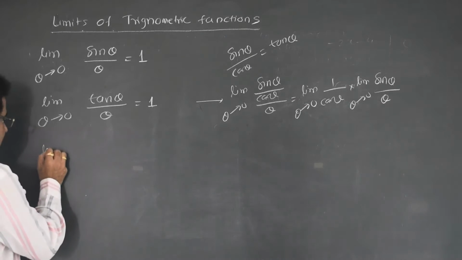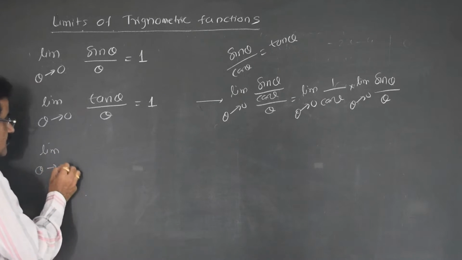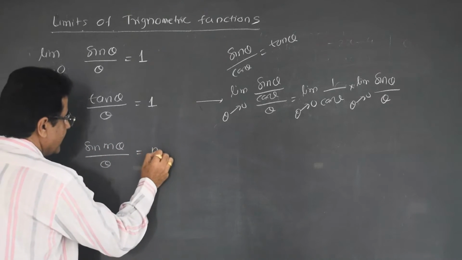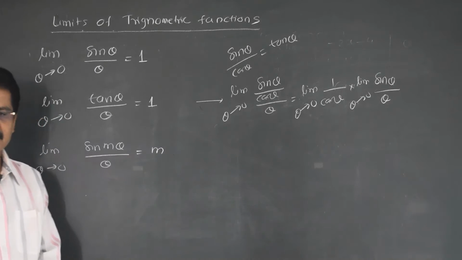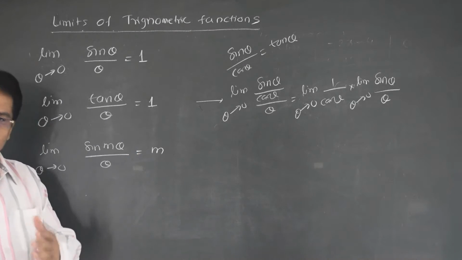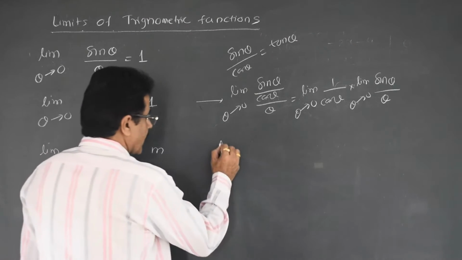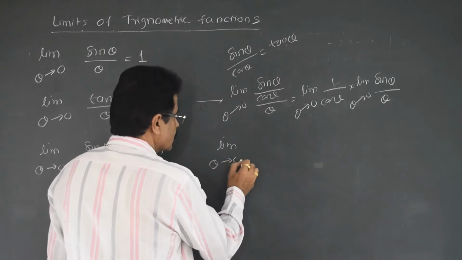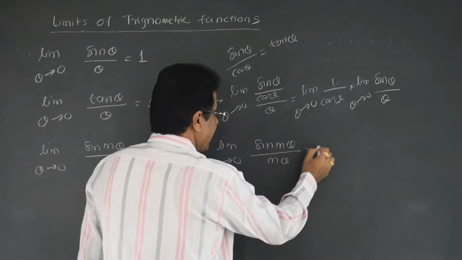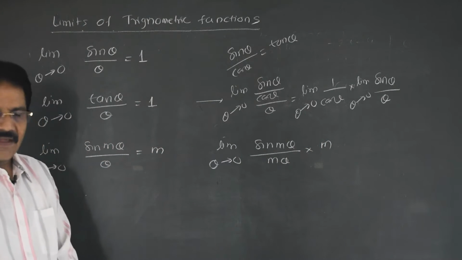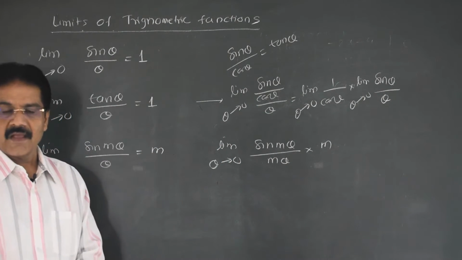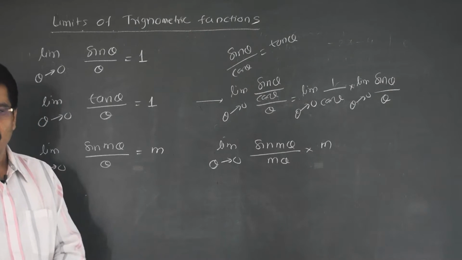Next we can take limit as theta tends to 0 of sin of m theta upon theta, which can be written directly as m. This means if there is a multiplication of theta by any constant term, then that is the answer. Now why is it so? Again we can check that. So limit as theta tends to 0 of sin of m theta, here I am going to multiply by m and divide by m. Now what is the difference between the term sin theta and sin of m theta? Both are one and the same. Why?